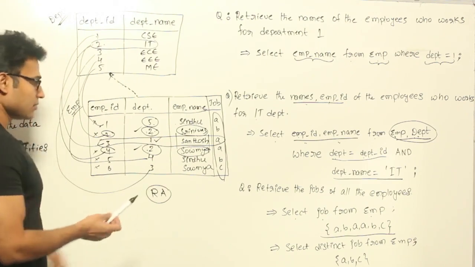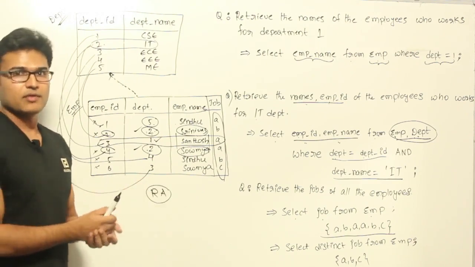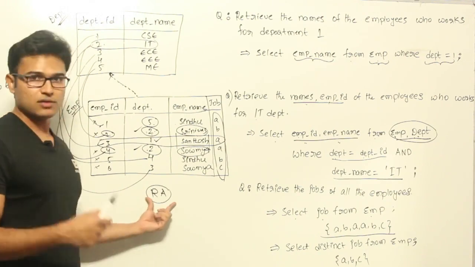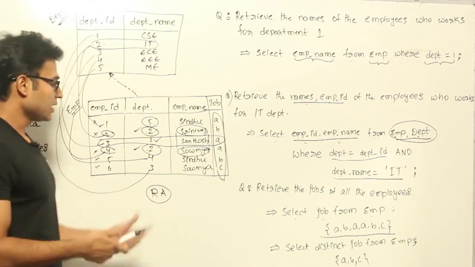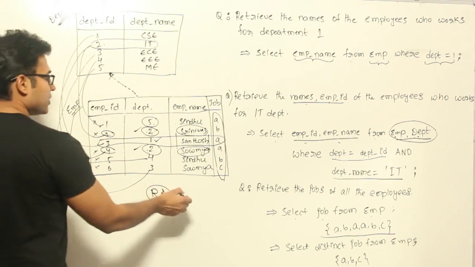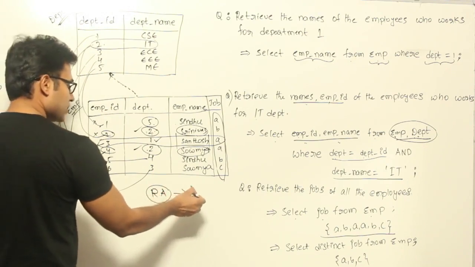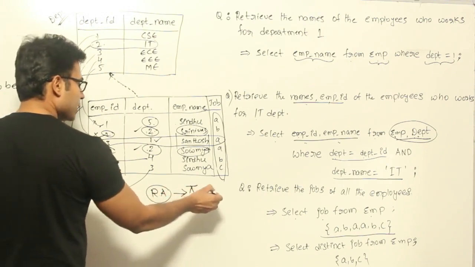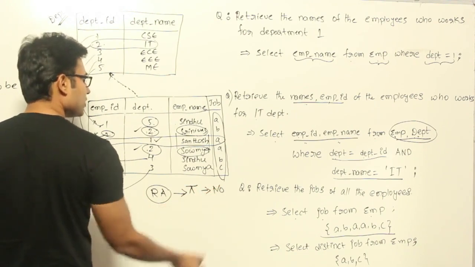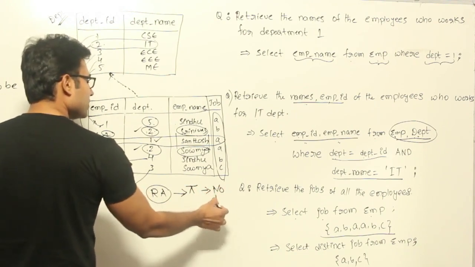A relation or a table is a set of tuples. Therefore, whenever you talk about a set, you don't have duplicates. That is why in this formal language, relational algebra, when I am using projection, there will be no duplicates. We discussed it there anyway. So no duplicates will be given.